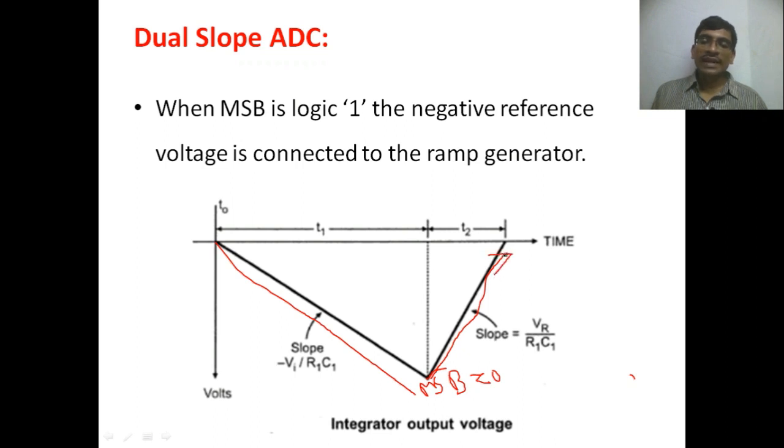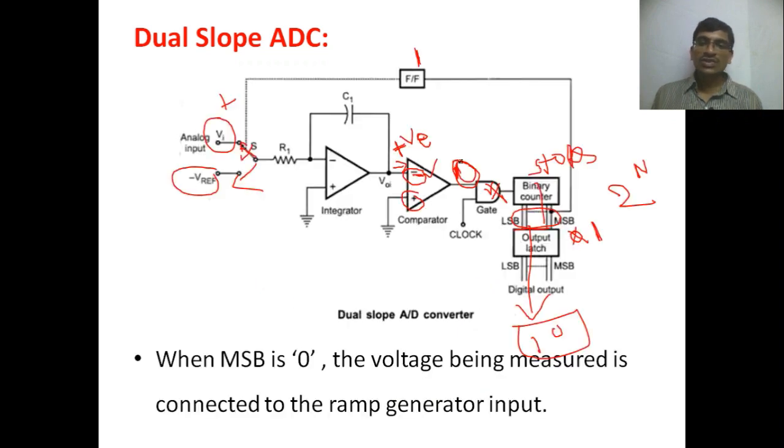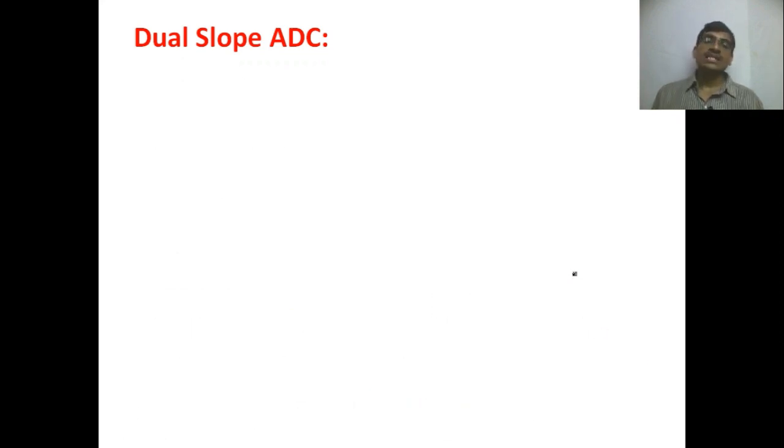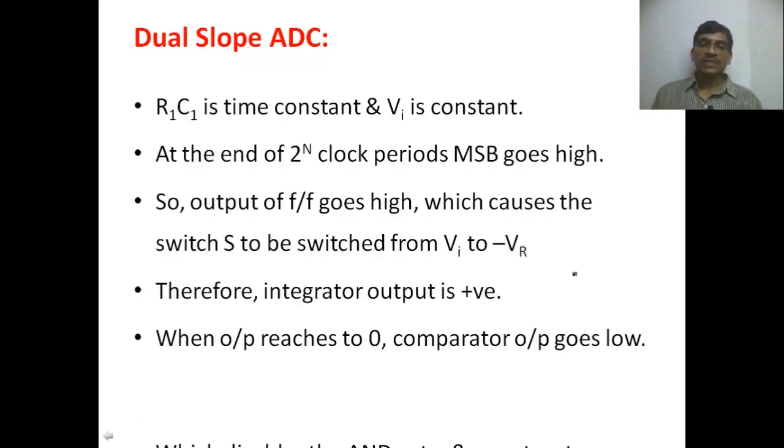Whenever it reaches the 0 volts line, the dual slope ADC will stop the counts. The gate will be disabled and the binary count will stop. Then the output will be given to the display device. So this is how the dual slope ADC works.